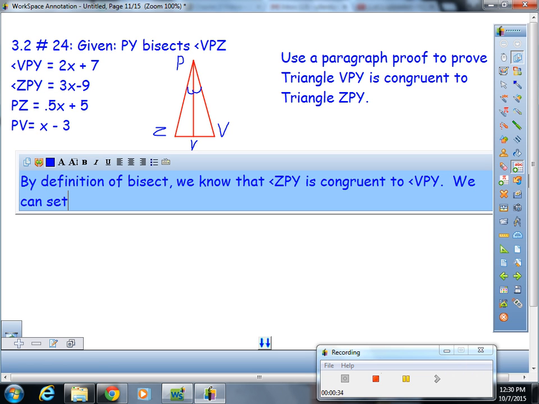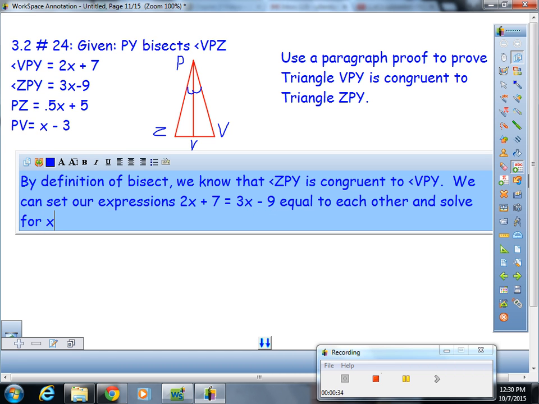We can set our expressions 2x plus 7 equals 3x minus 9 equal to each other and solve for x, getting x equals 16.